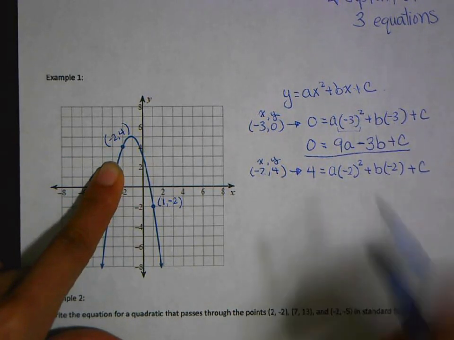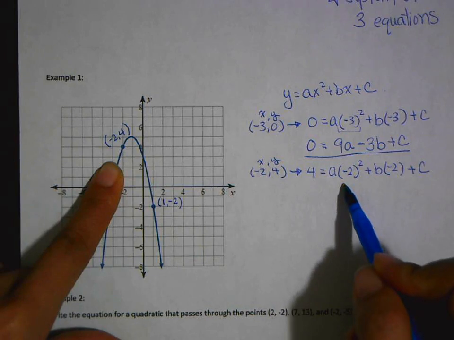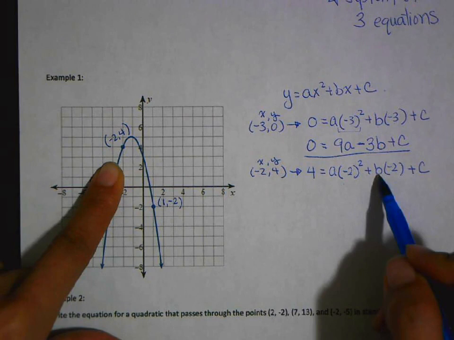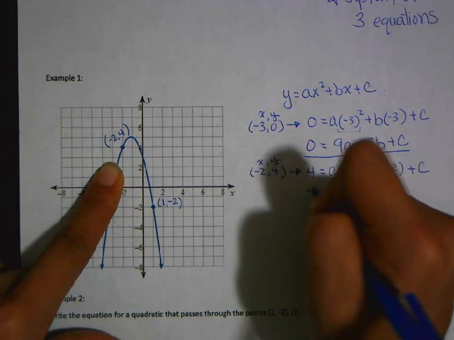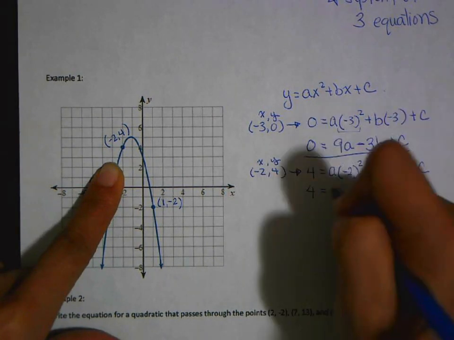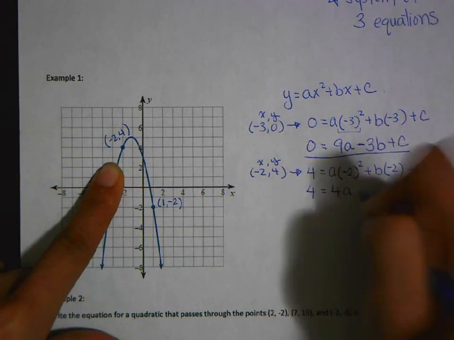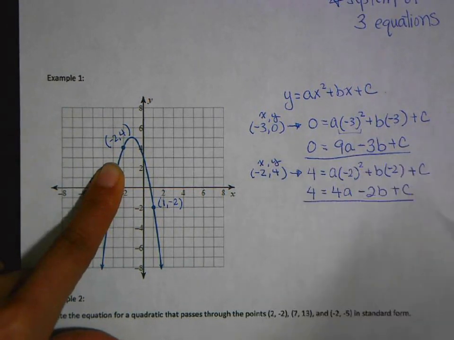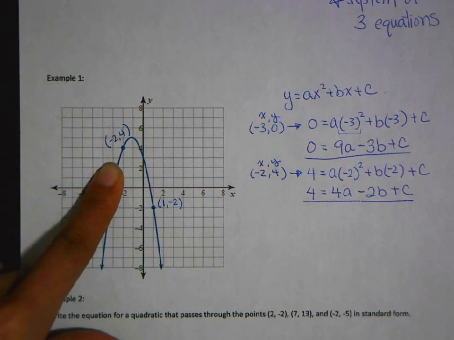Working it out, (-2) squared is going to give me 4. -2 times b is going to give me -2b. So I'm going to have 4 equals 4a minus 2b plus c. That's my second equation for my system of 3 equations.